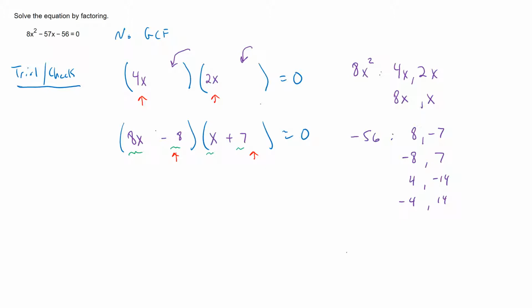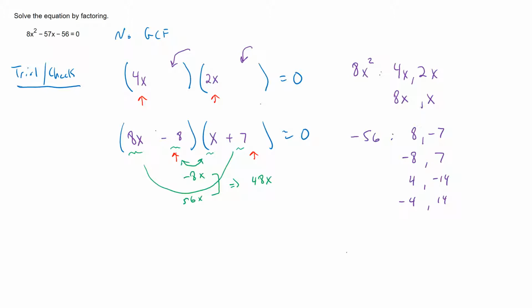To check the middle term, we can multiply the inner terms and we can multiply the outer terms. And notice these two terms add up to 48x. But what do we need them to add up to? We need them to add up to negative 57x.